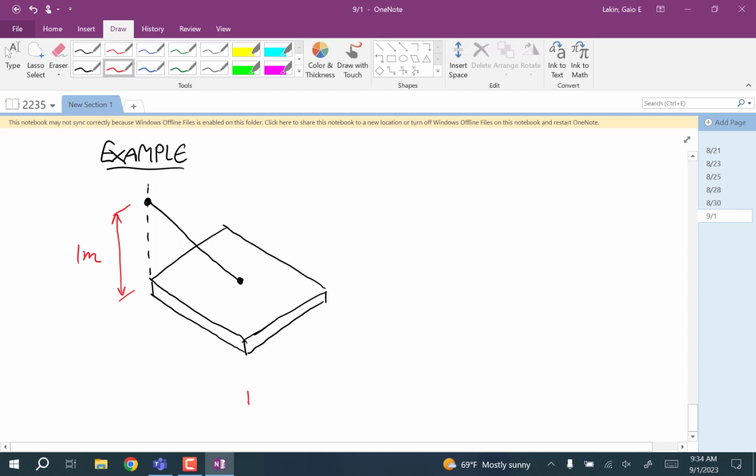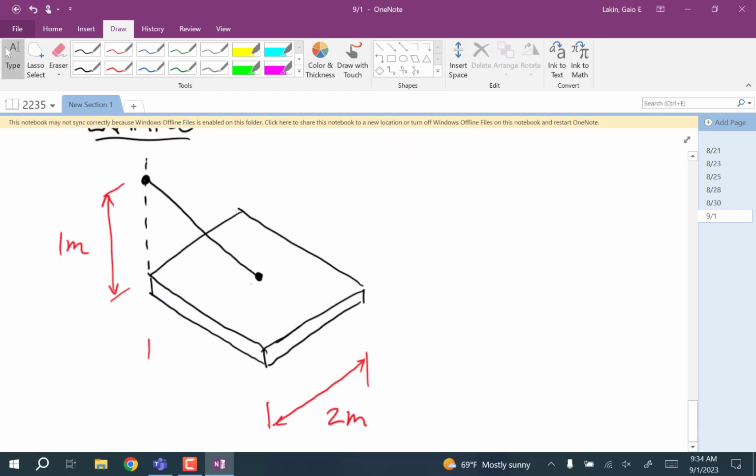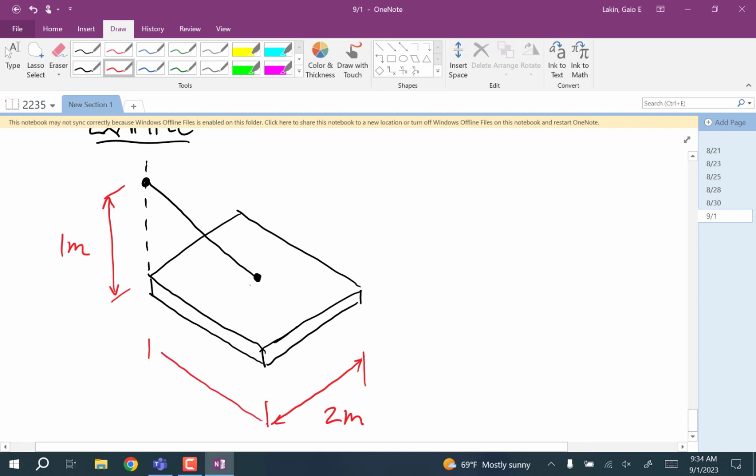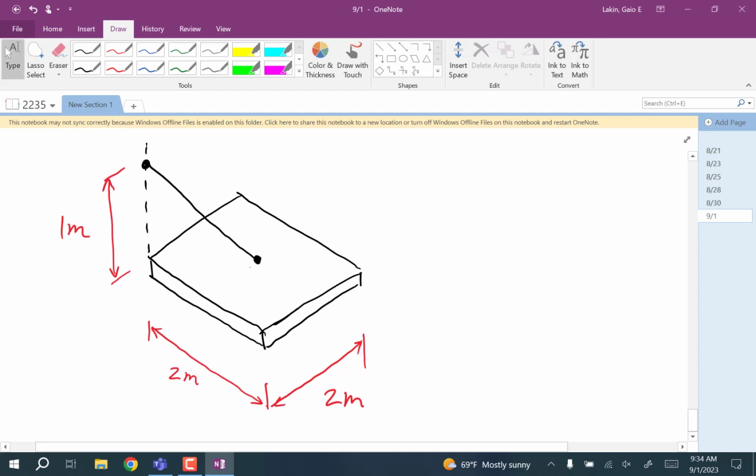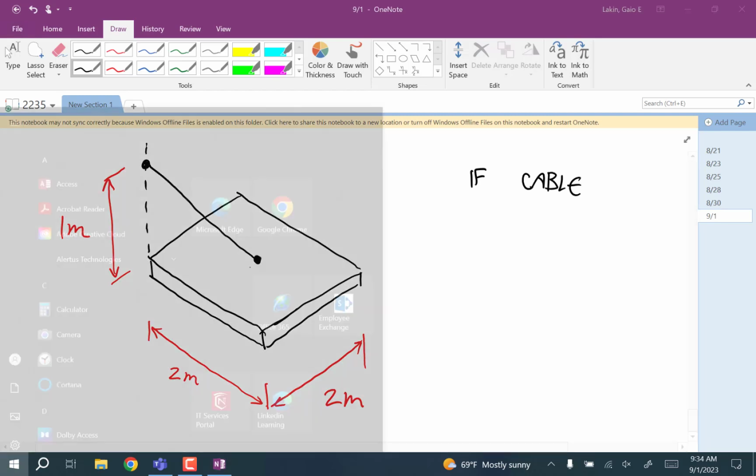And we're going to imagine that this thing has the same lengths in both directions. So that's 2 meters, and that's 2 meters. And we're going to assume that that cable tension is 10,000 newtons.